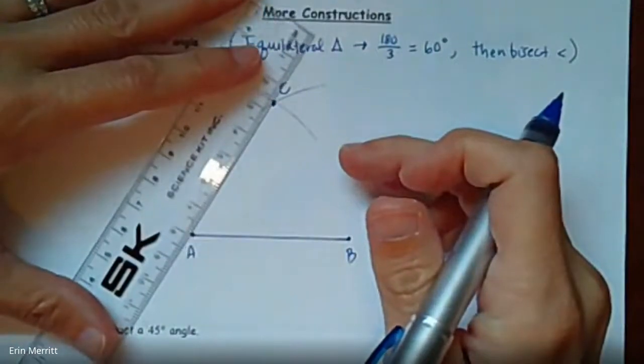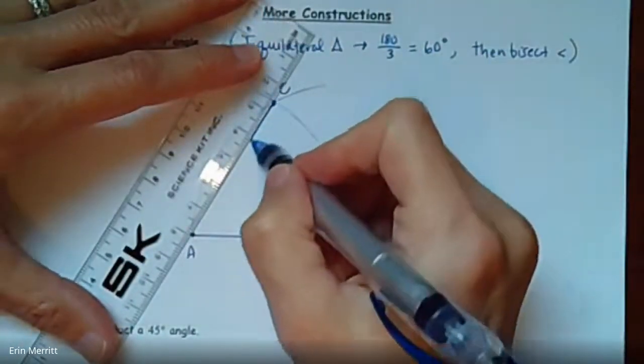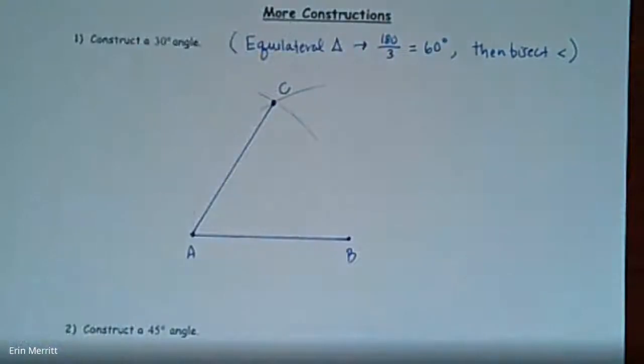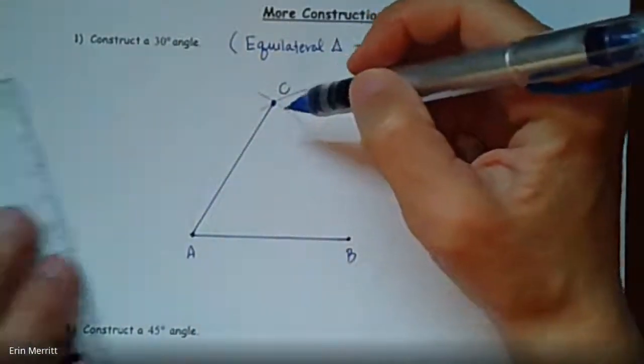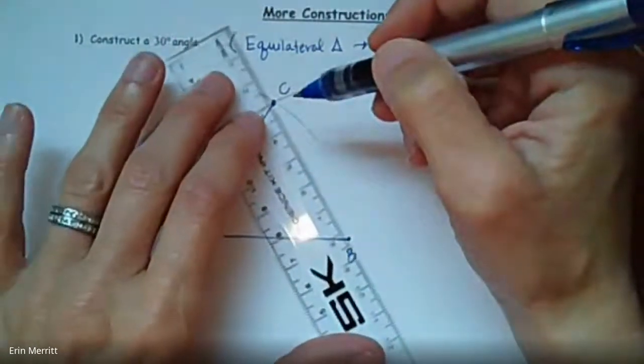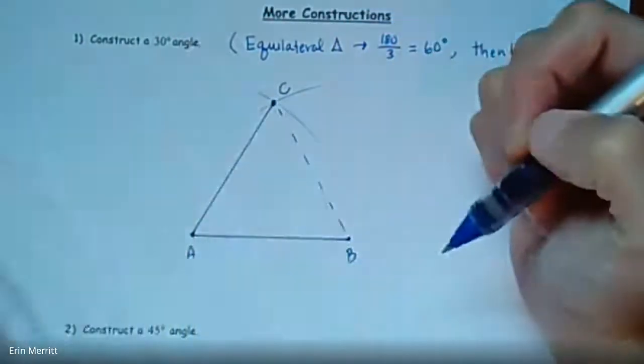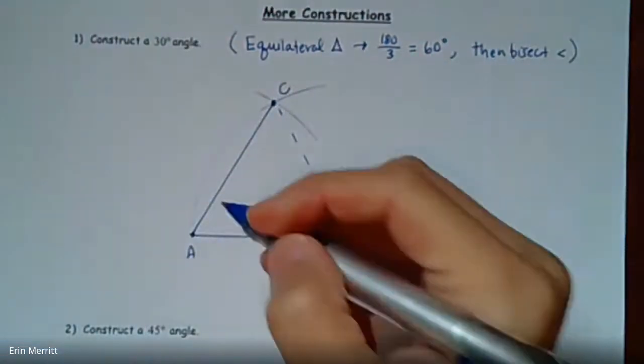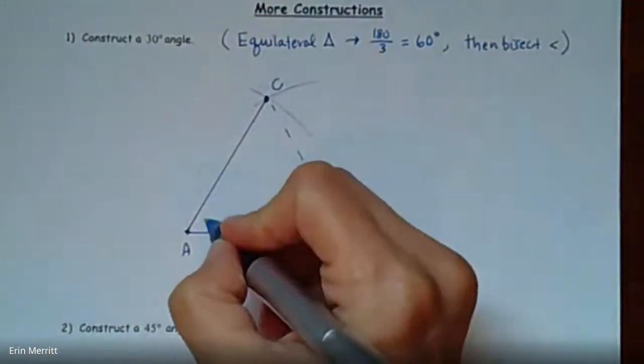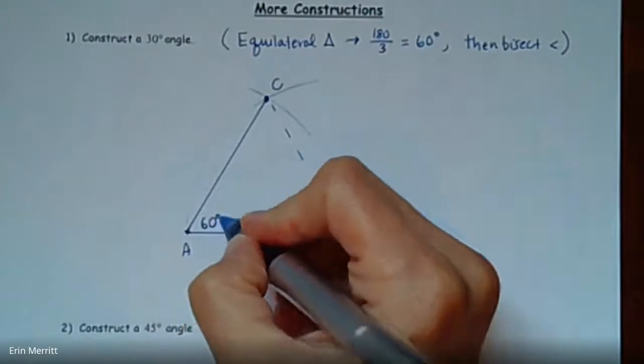Now, something to keep in mind: you can draw the full triangle, or really, to get a 60-degree angle, I don't necessarily need the whole thing. So if you want to, I'm going to lightly draw that last side dotted. I can draw the whole thing or not, but as soon as I've done the construction, this should be a 60-degree angle.